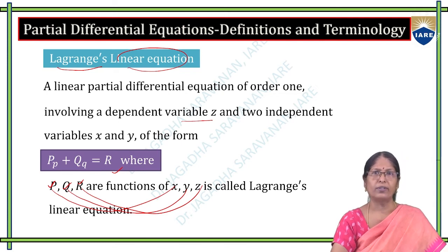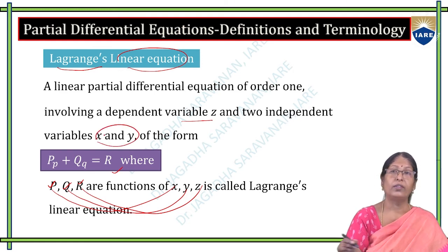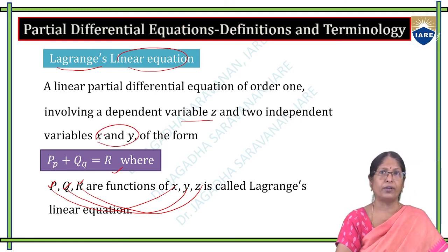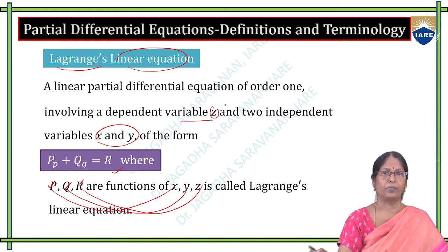So the format Pp plus Qq equal to R we are calling Lagrange's linear equation. In this, compulsorily x and y are playing the role of independent variables, and z is playing the role of dependent variable.